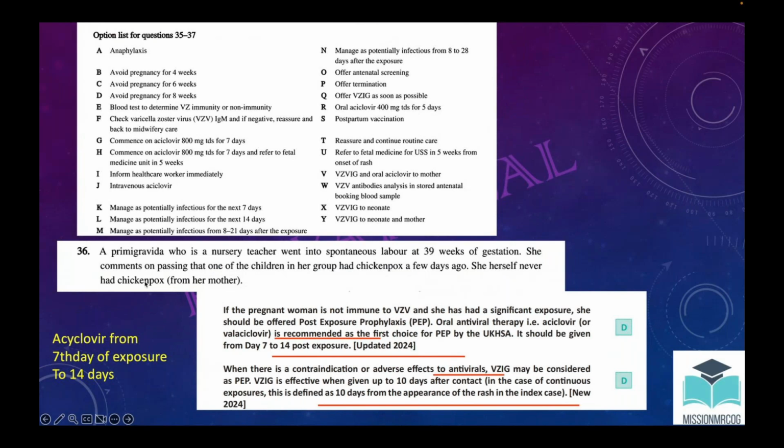So I have to check for the immunity. The patient is in spontaneous labor. She had chickenpox exposure some days before, and she herself never had chickenpox. So there should be checking for varicella zoster immunity. Either the answer would be E, or if it is negative, then acyclovir from 7 to 14 days of exposure is required.